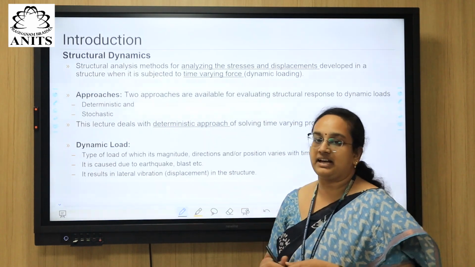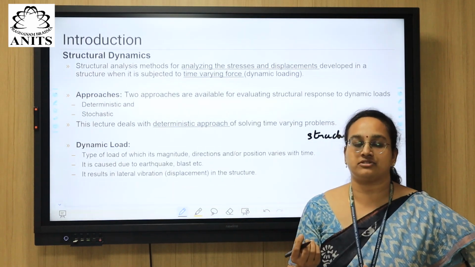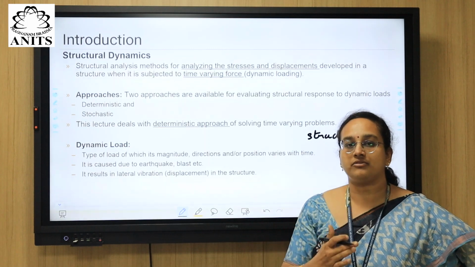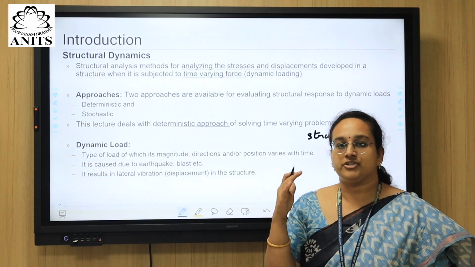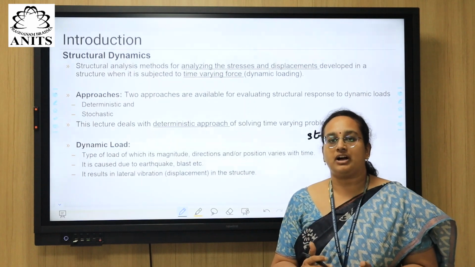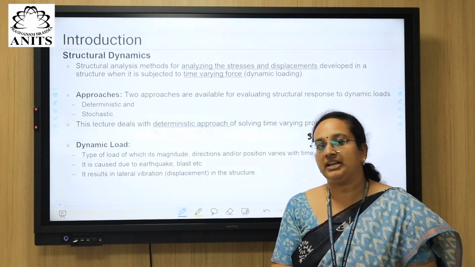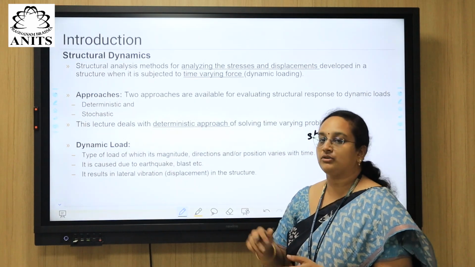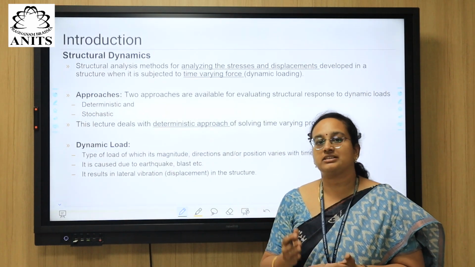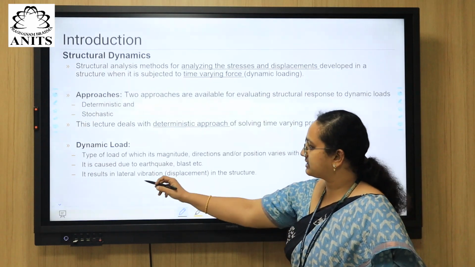Similarly the blast. So these two are not a single force. They are a set of forces, or we can say an array of forces. Now the challenge for us is how to solve our structural behavior with respect to earthquakes and blasts, because they are not a single force but an array of forces.